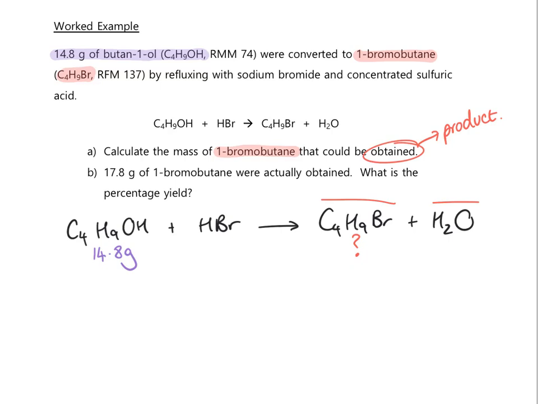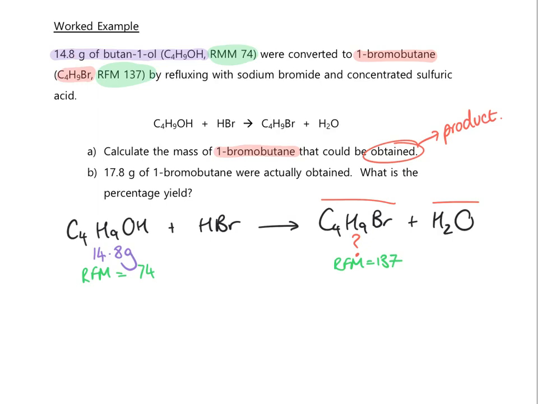What we also write underneath our equation are Rfm values. So you can see the Rfm of butan-1-ol is 74 and of 1-bromobutane is 137. So make sure you get those the right way around. For butan-1-ol, the Rfm is 74, and for 1-bromobutane, the Rfm is 137.